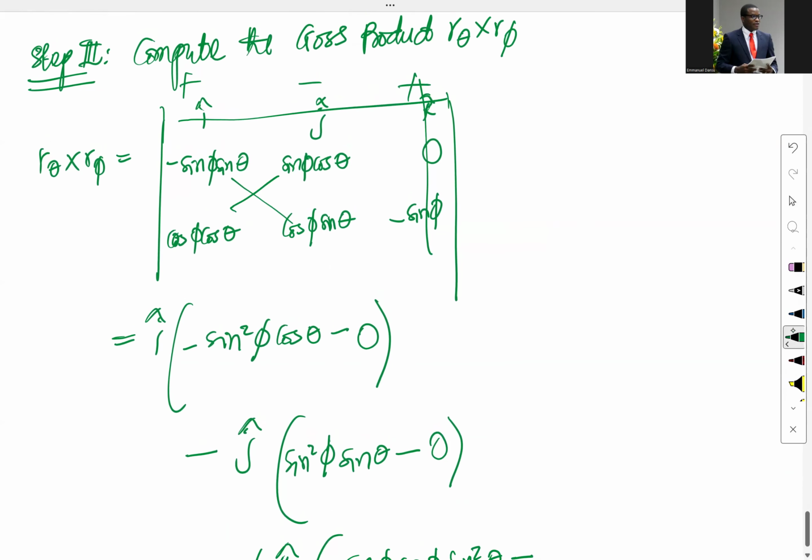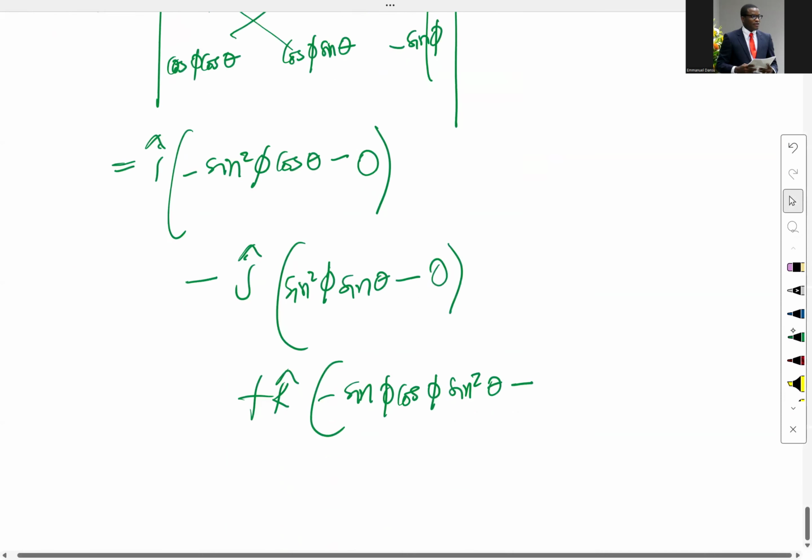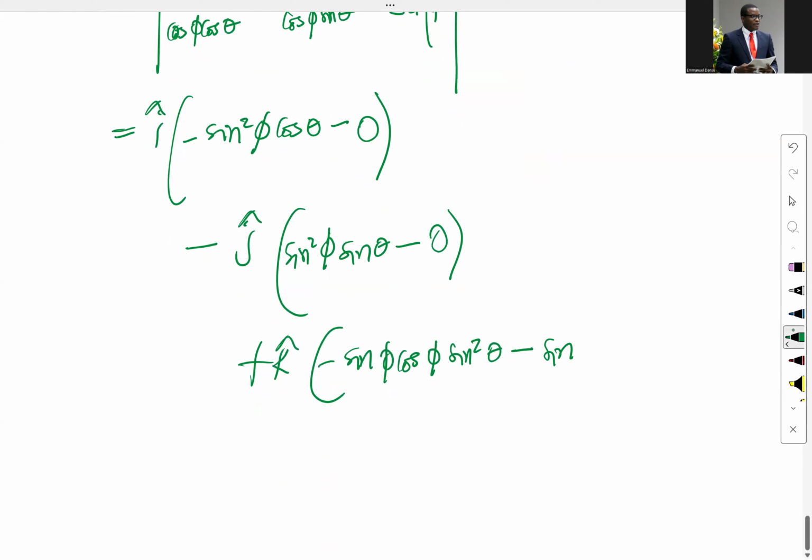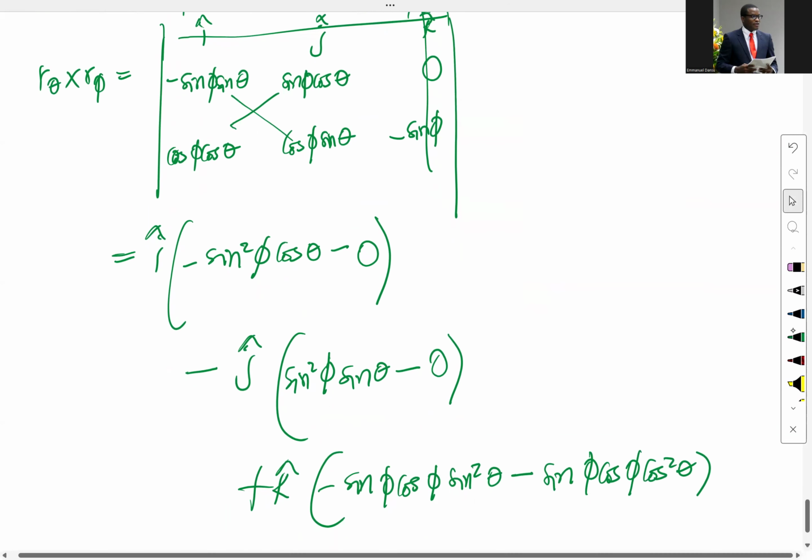So that'll be sine theta, sine phi cos squared theta. So that's minus sine phi cos phi cos squared theta, like that.